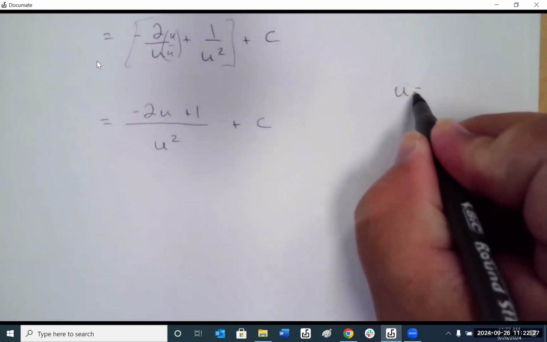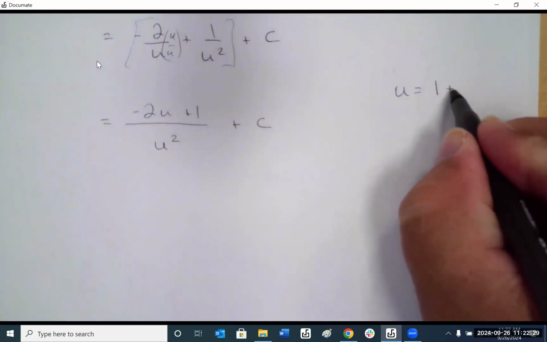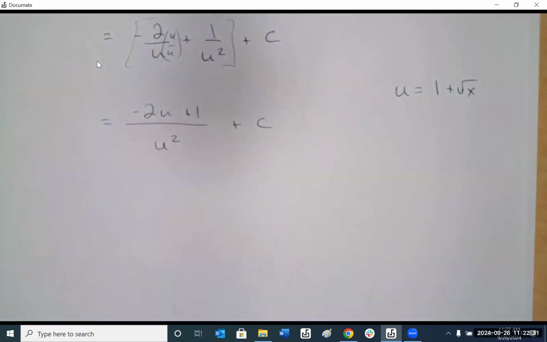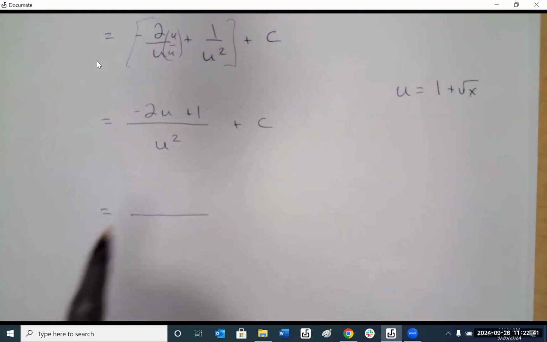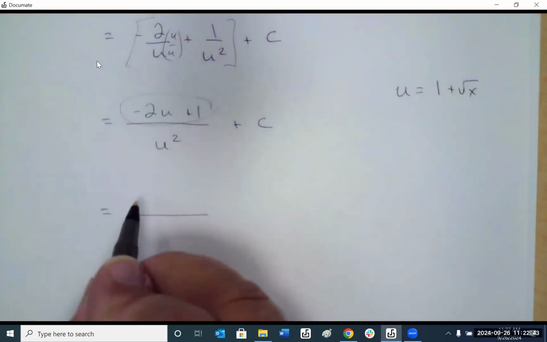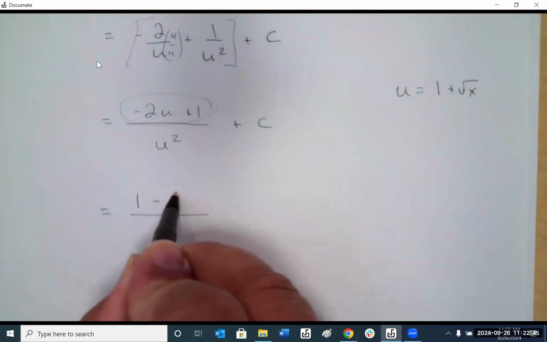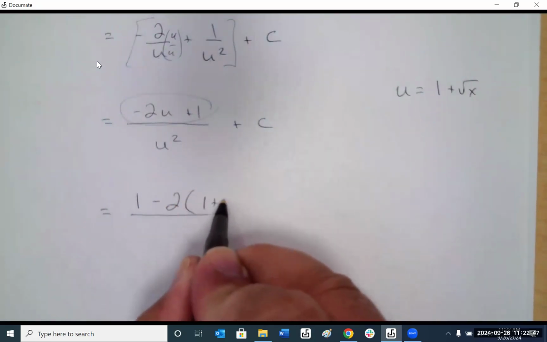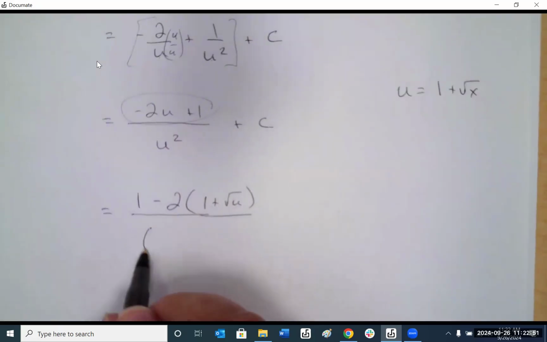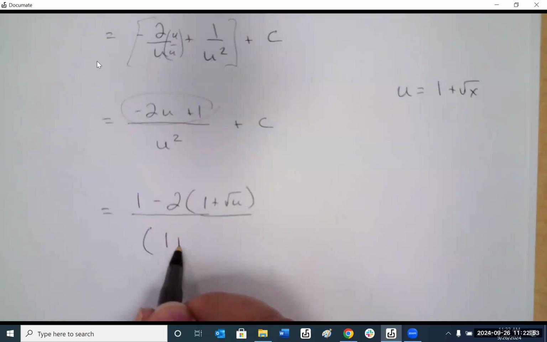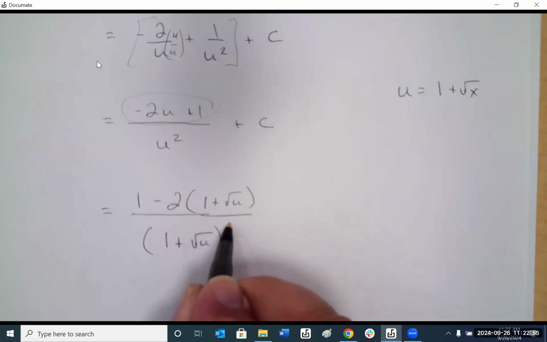Remember what u equals? u equals 1 plus radical x. That's what's inside the radical. Let's put the leading term as 1 minus 2 times 1 plus radical x over 1 plus radical x squared.